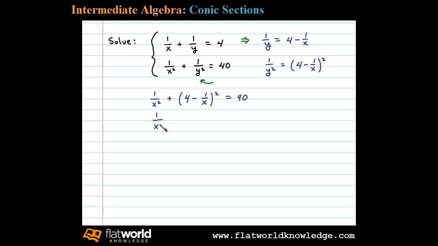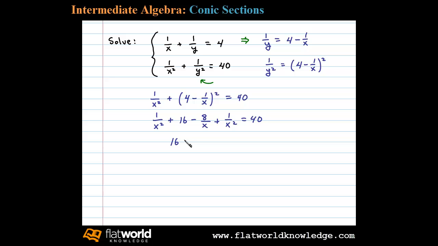Simplifying first, we have 1 over x squared plus 16 minus 8 over x plus 1 over x squared. And that equals 40. That's what we get when we multiply 4 minus 1 over x times itself. Okay, now 1 over x squared plus 1 over x squared is 2 over x squared.